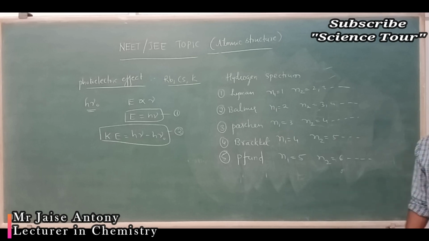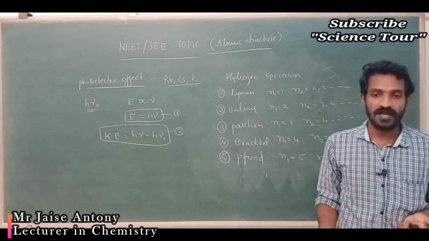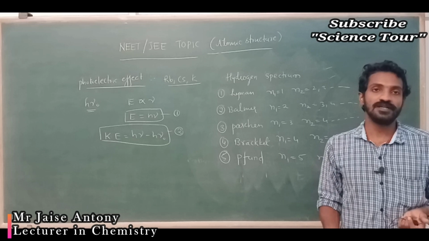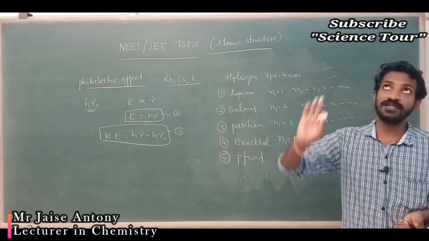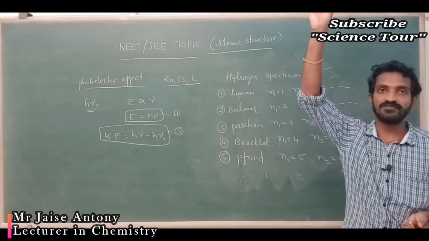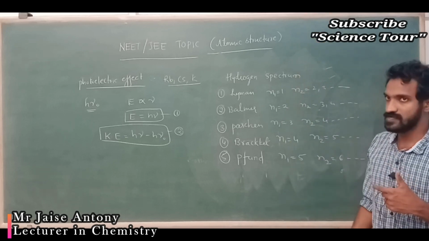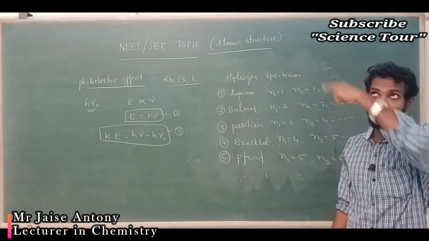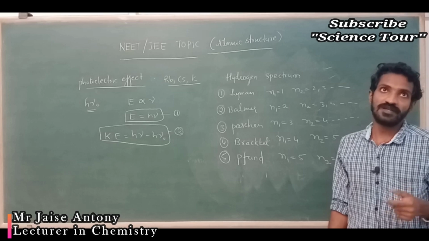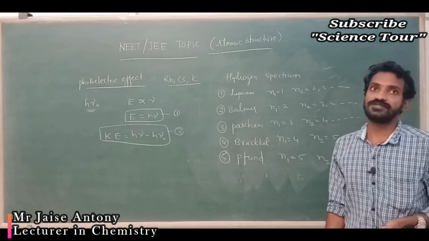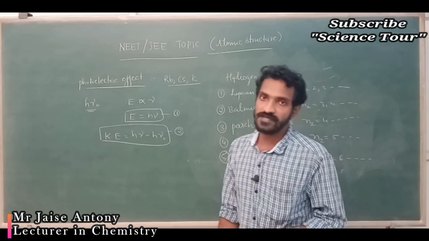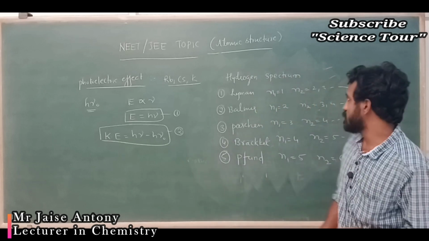When the hydrogen atom's electron absorbs energy, it jumps to a higher energy level. From the higher energy level, it is not stable, so it will come back to a lower energy level by emitting radiation, correct?